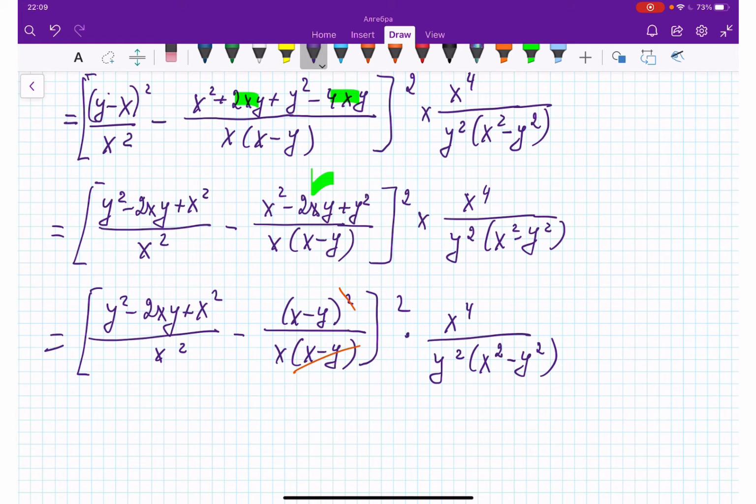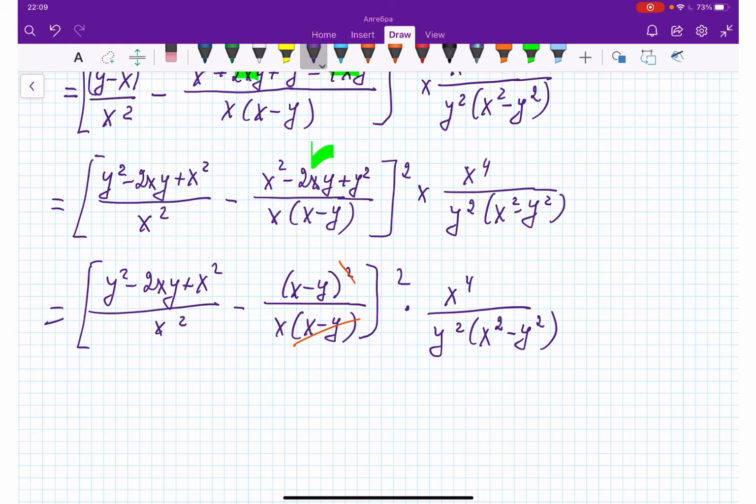All right, so what we have now, finally we are going to bring to a common denominator, right? The common denominator is going to be x squared, which means since I have only x left here, I need to multiply by x here, and multiply by x here.